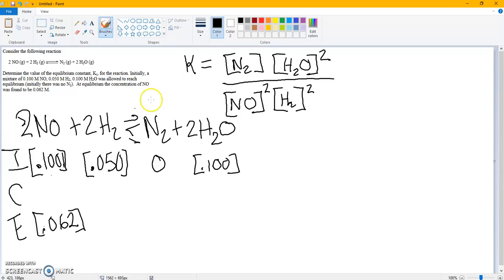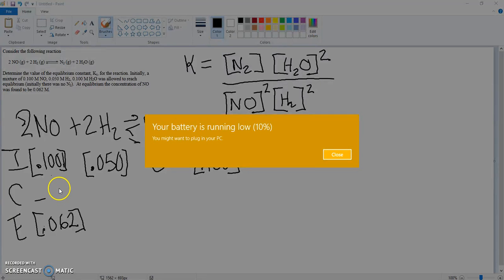Okay, so I created my ice table, and I filled in the information they gave me. Alright, so they told me that nitrogen monoxide was 0.0062 at equilibrium, and they told me my initial concentrations. Now, again, I'm going to use my thinking cap, and I'm going to say, okay, if I have this reaction, I know that nitrogen monoxide is going to change twice as much, and it's a reactant, so I'm going to lose.